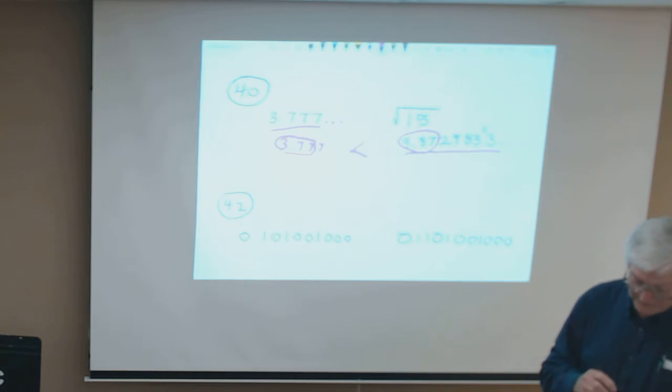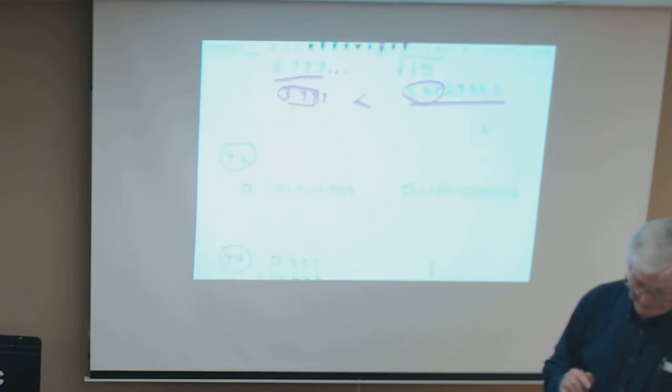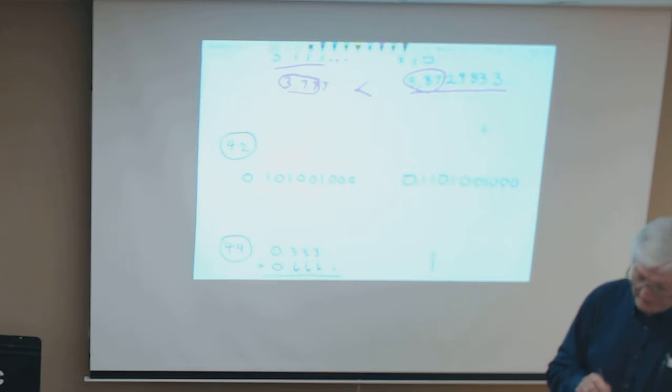Number 42. 0.101. All right, this is getting tricky. So let's, okay, now watch this. 0.10 and 0.11. There you go. Or watch, what if I said 101 and 110?